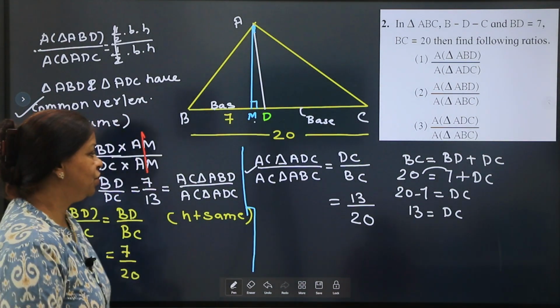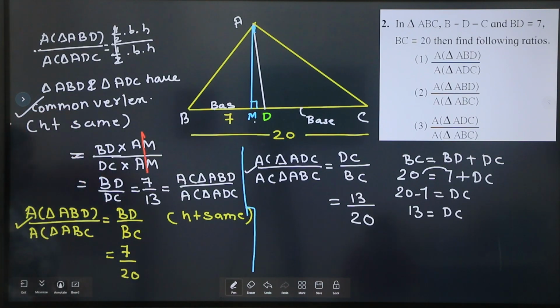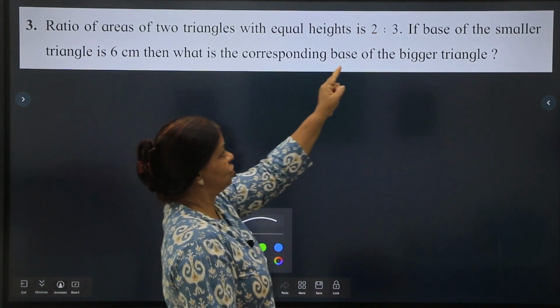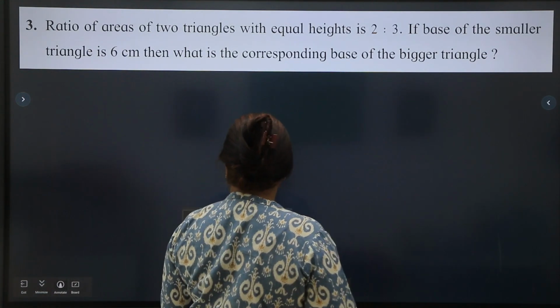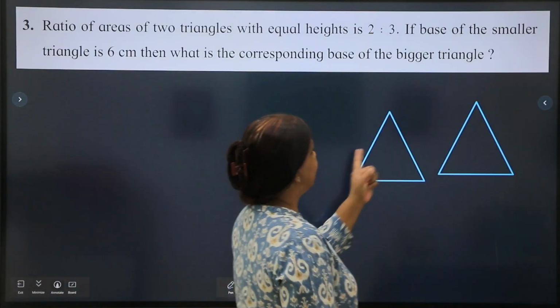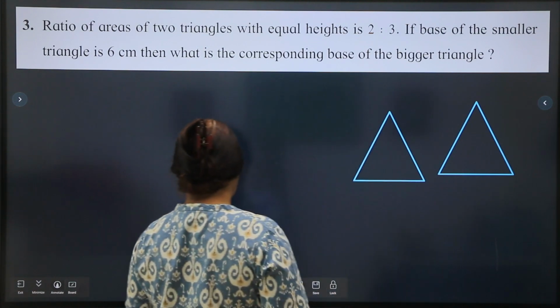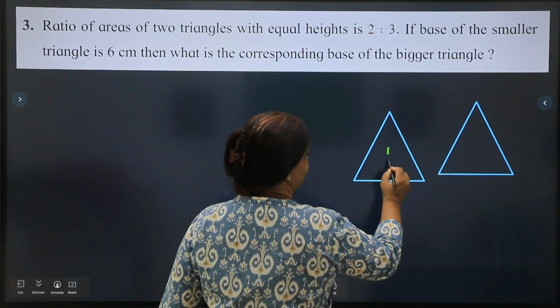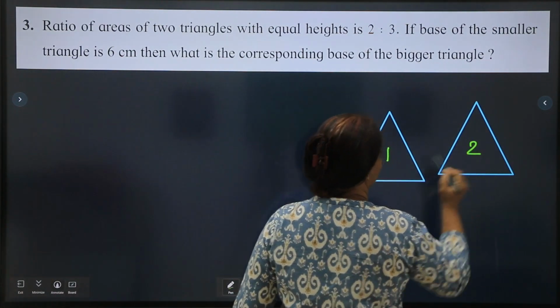You can pause the video, children, and you can solve the sum. The third question says the ratio of area of two triangles with equal height is 2:3. If I draw two triangles here, there are two triangles given as per the third question. This is triangle 1 and this is triangle 2.